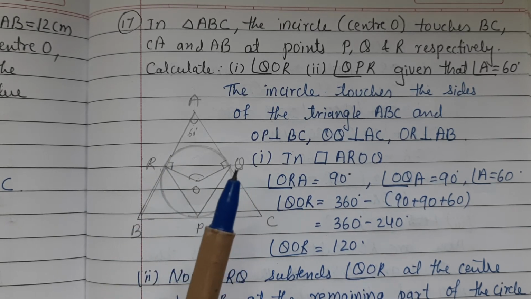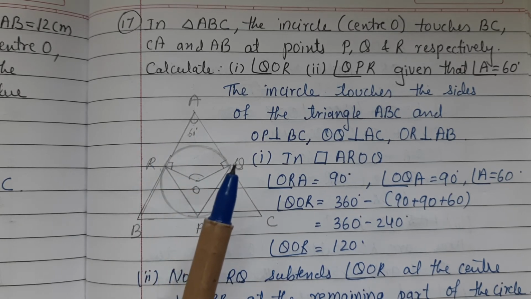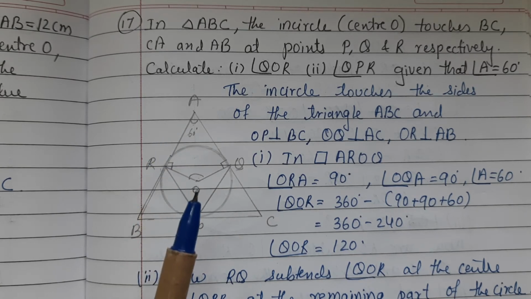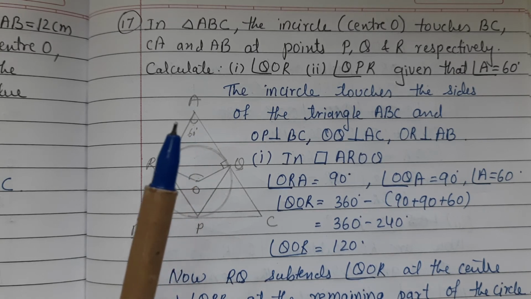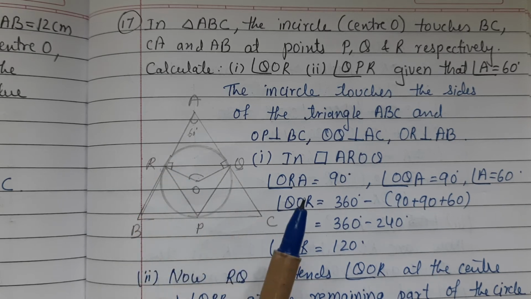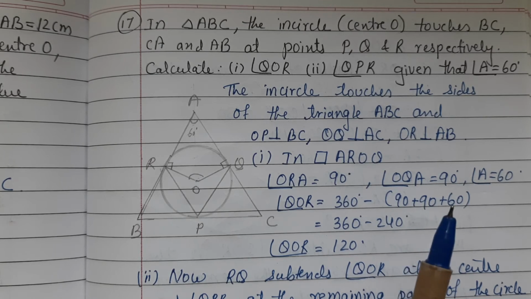First part, in quadrilateral AROQ, angle ORA is 90 degrees, angle OQA is equal to 90 degrees, angle A equal to 60 degrees. Therefore, angle QOR is equal to 360 minus (90 plus 90 plus 60), which is 360 minus 240. Angle QOR equal to 120 degrees.